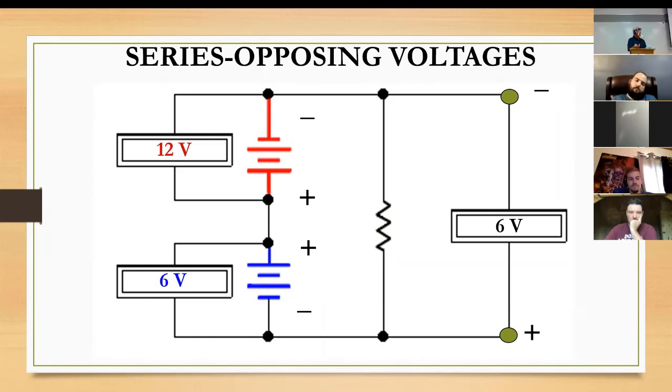So you wouldn't do this on purpose very often. If you wanted 6 volts, you would just use a 6-volt source to begin with. But sometimes you have things that are producing voltage that tends to oppose the voltage you're trying to impose. And so that's how that works. It's additive, but you have to also consider polarity.